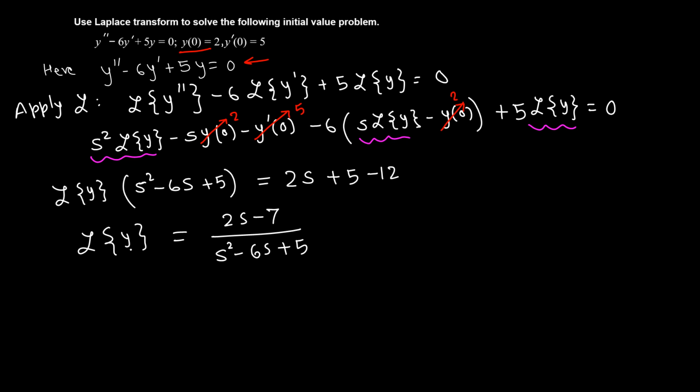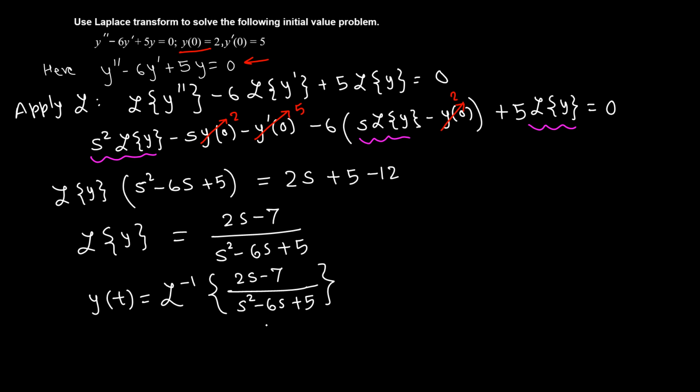Then how do we get back the original function y? Because solving this equation means we are trying to find y. So take inverse Laplace of both sides, then y as a function of t is the inverse Laplace of this fraction, 2s minus 7 over s squared minus 6s plus 5.